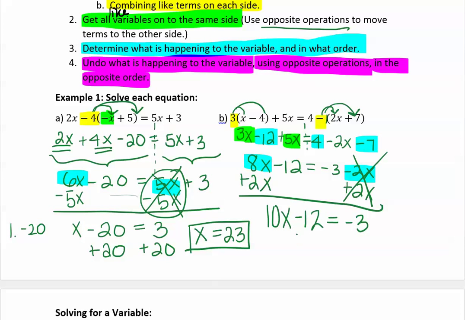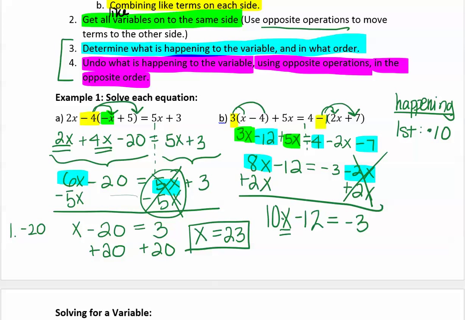Okay, now I'm going to really show you what I mean in this one, because in this case it didn't really happen. When I say define or determine what is happening to the variable, here's x. What's happening to it? I'll write down my thinking here. First, I'm multiplying times 10.